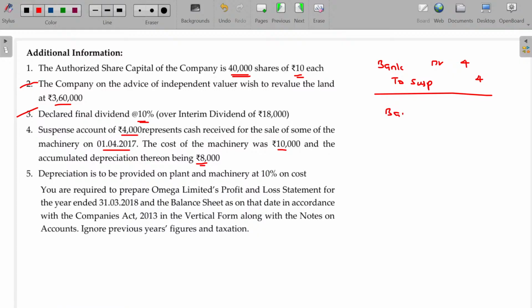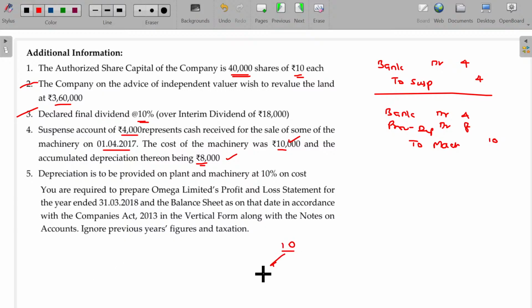Bank account debit 4,000 rupees to machinery account. What's the value of the machinery? 10,000. We sold the machinery. Already there's accumulated depreciation on that of 8,000 rupees, to provision for depreciation. 10,000 is the original value of the asset.